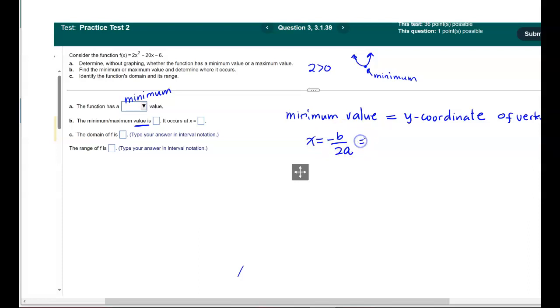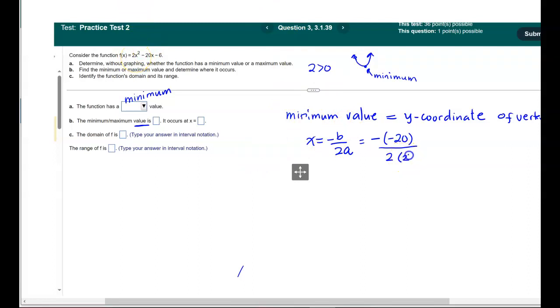You plug in the information from the given parabola. b is the coefficient of x, so you have the negative of negative 20, that's your negative b, over 2 times a, where a is the coefficient of x squared.